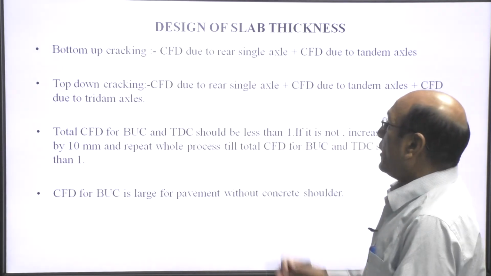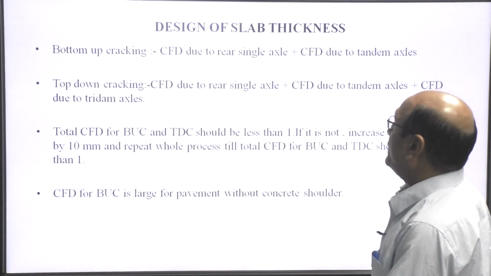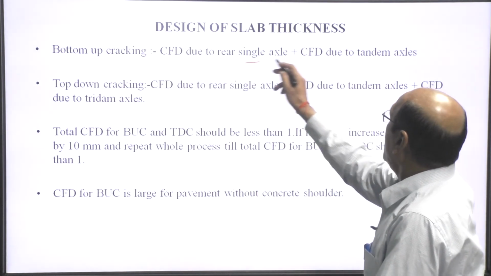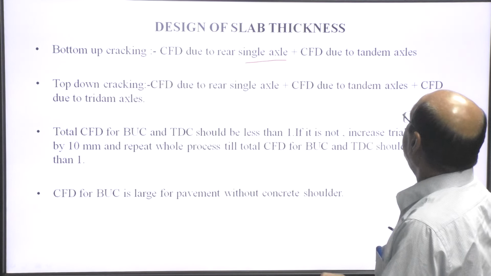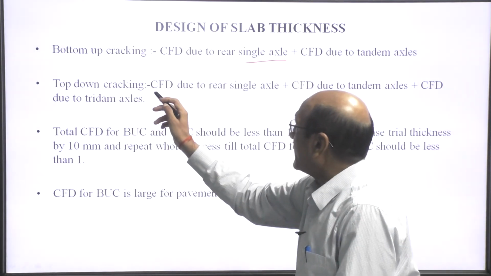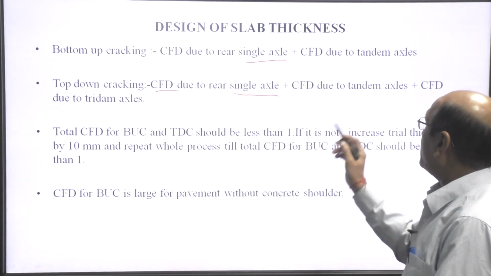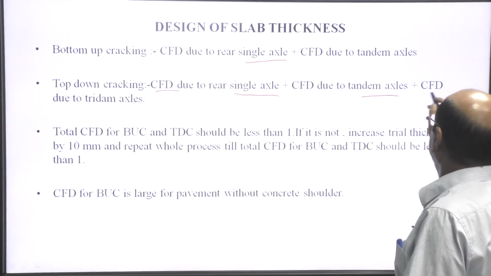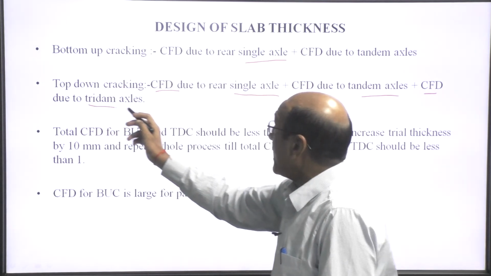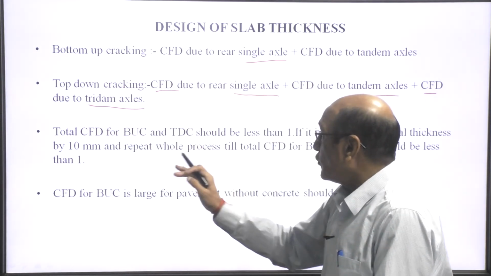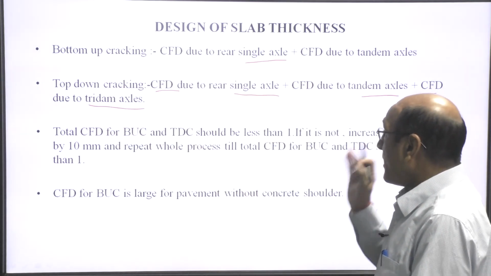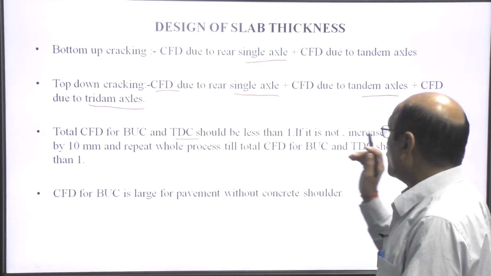So, now the bottom up cracking CFD is due to the single axle plus CFD due to the tandem axle. The top down cracking CFD is due to the single axle plus CFD due to the tandem axle. So, total CFD for the bottom up cracking plus top down cracking should be less than 1.